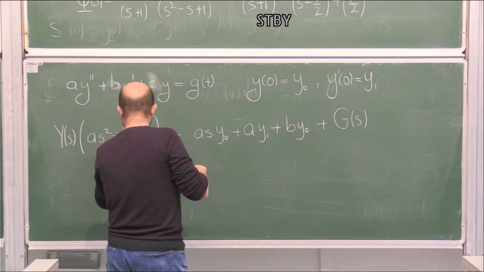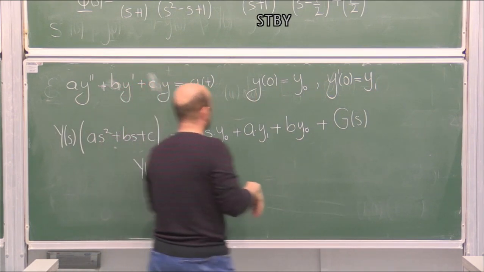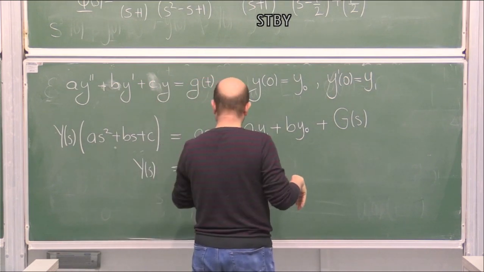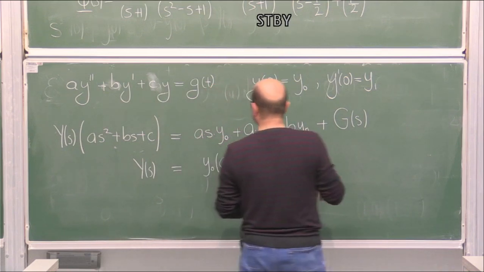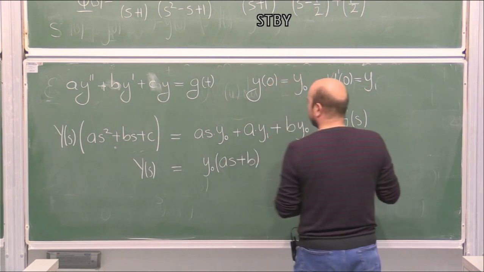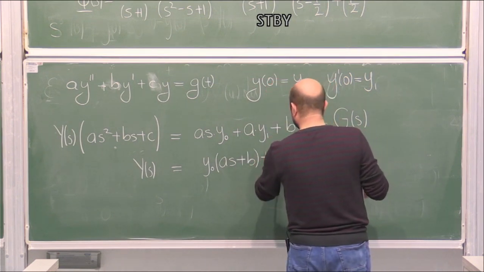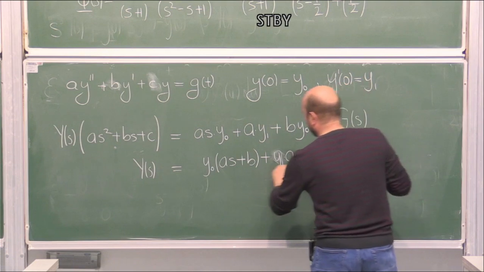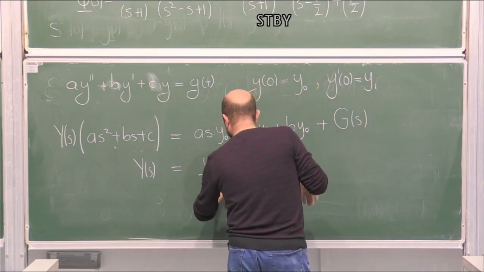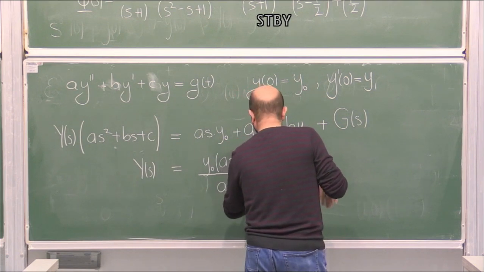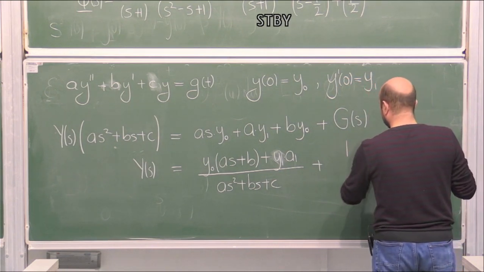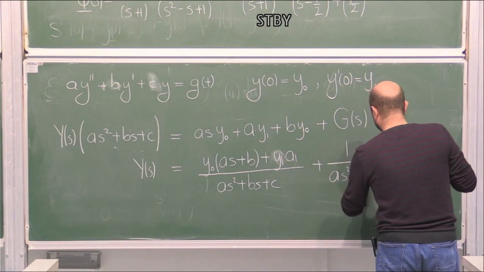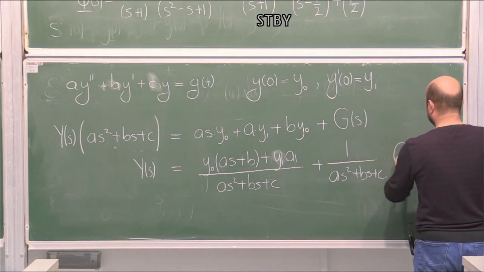Then Y of s is equal to this: (a s plus b) y0 plus a y1, divided by a s squared plus b s plus c, plus 1 over a s squared plus b s plus c times G of s.